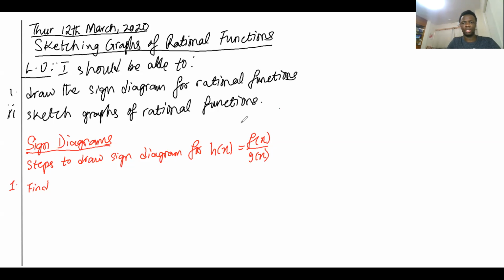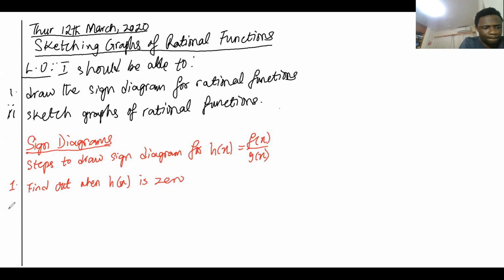Okay, thank you. So first is to find out when h of x is equal to 0. And find out when h of x does not exist.